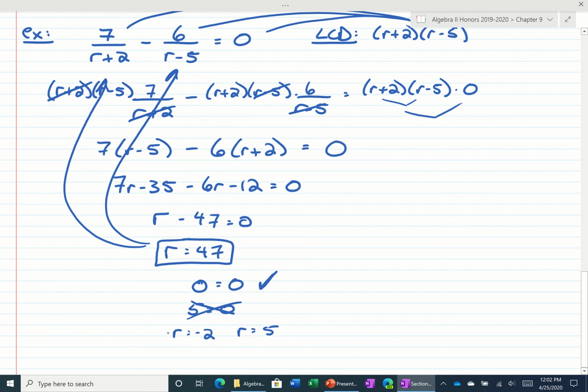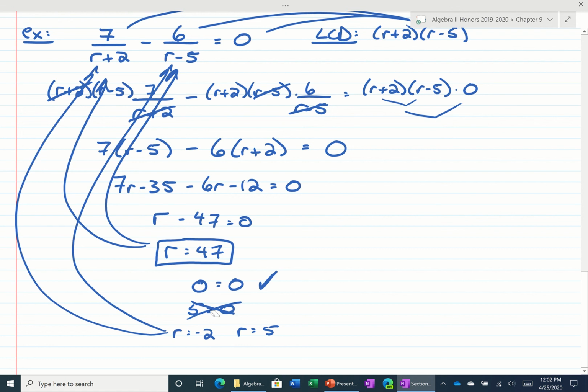Or what if r is equal to 5? That would make our denominator 0, and that can't be. So we could get two types of extraneous solutions here. One where both sides are unequal, and one where the denominators are equal to 0. So that's why we have to check. All right, and none of that happens here, so r is equal to 47 is the right answer.